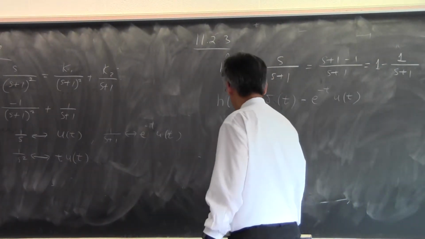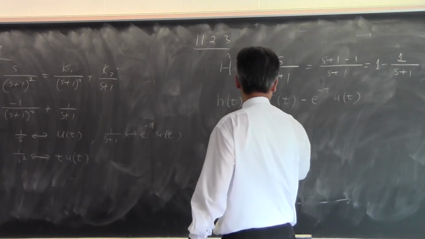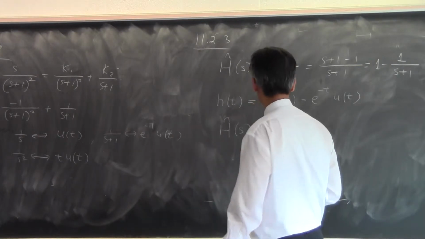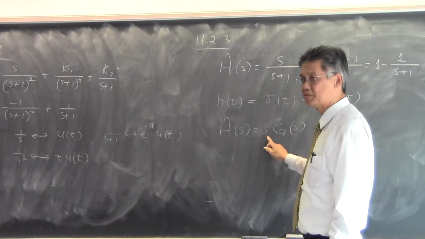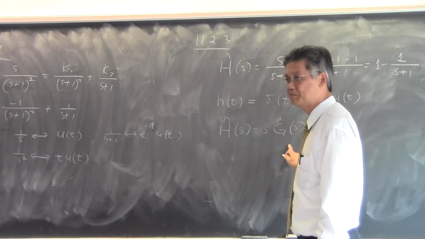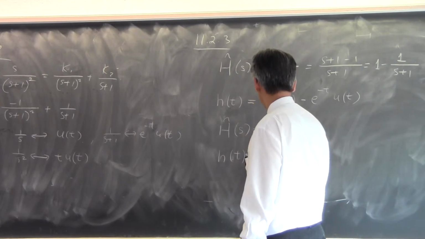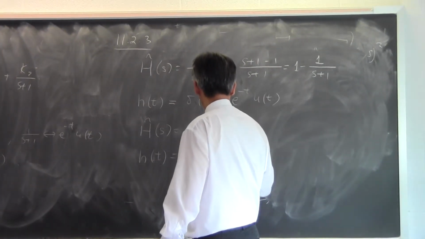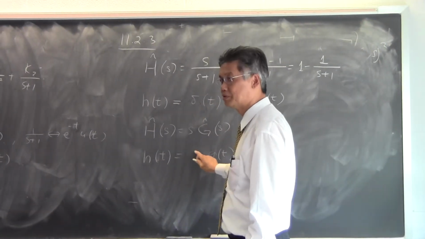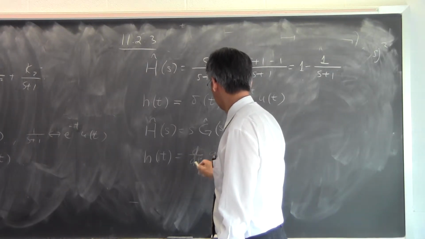Another trick is to write this as h hat of s is equal to s times g hat of s. And if I see an s relationship, what do I know their relationship should be in the time domain? Say h(t) must be equal to g(t). What do I have to put over here? Derivative. Derivative, very good. Okay, derivative.